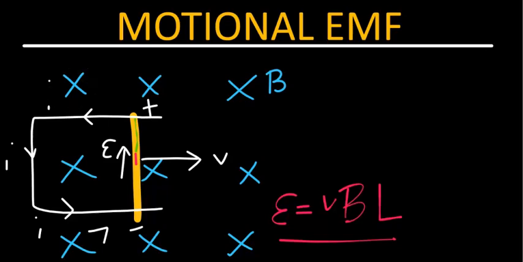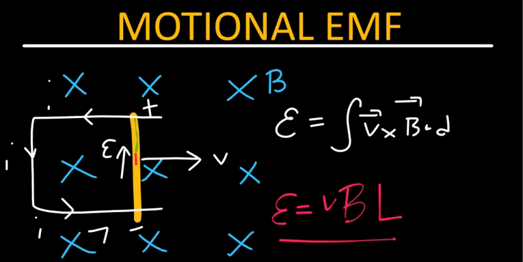If the magnetic field is, for example, not uniform, then the expression for that motional electromotive force will take the following form. It would appear in the form of an integral: velocity cross magnetic field dotted with dl, where dl is the length vector associated with an element of the conductor.